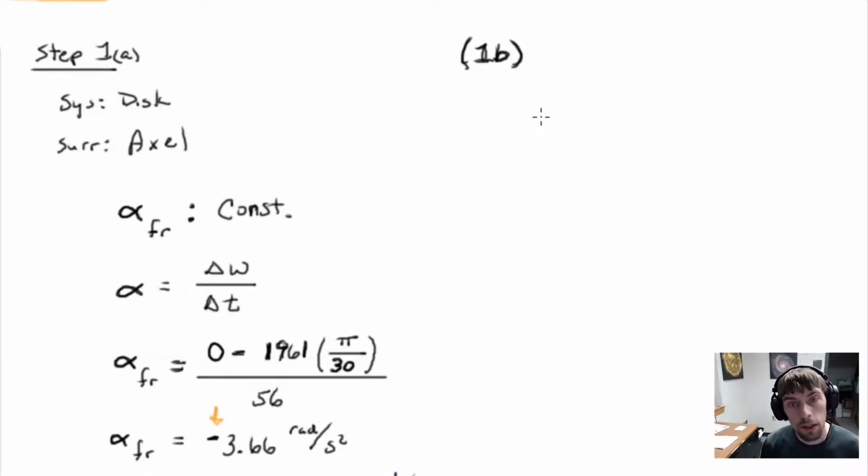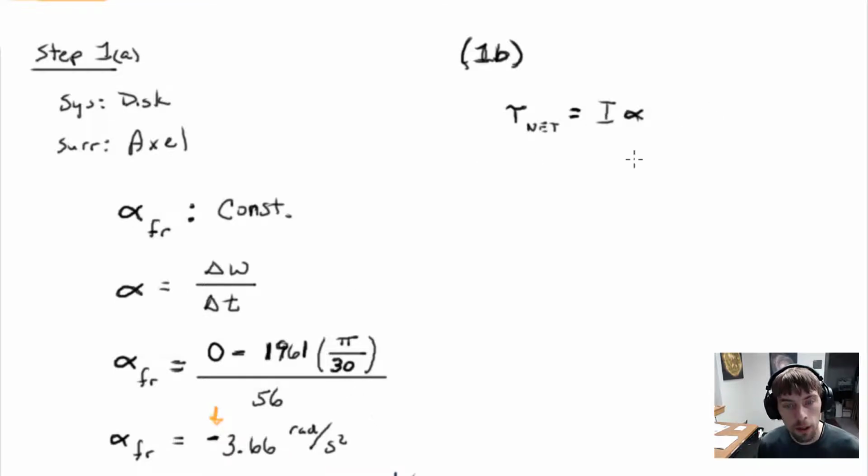Okay. Now let's go ahead and let's apply Newton's second law for rotational motion. Torque net equals I alpha. Right? The relationship equation between the interaction of the surroundings with the system, right here, and the response of the system, right here.